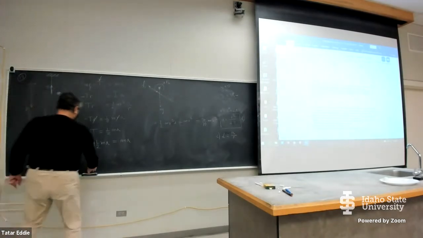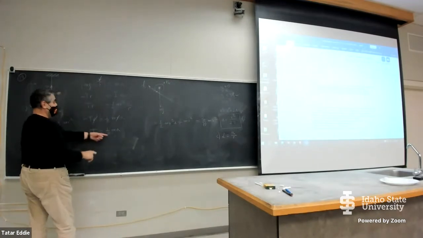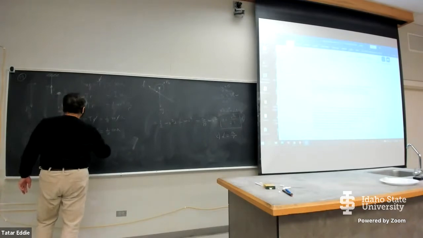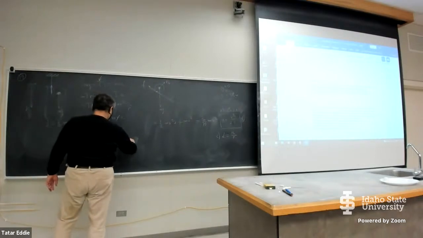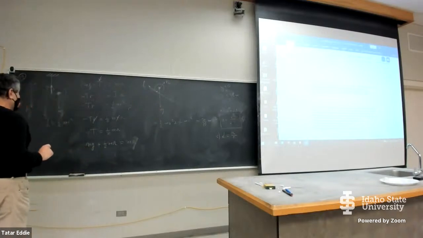Let me write it again because this is important. So I'm substituting the tension force with its equal. And it looks like this: mg plus 1/2 ma is equal to ma. And that's it.